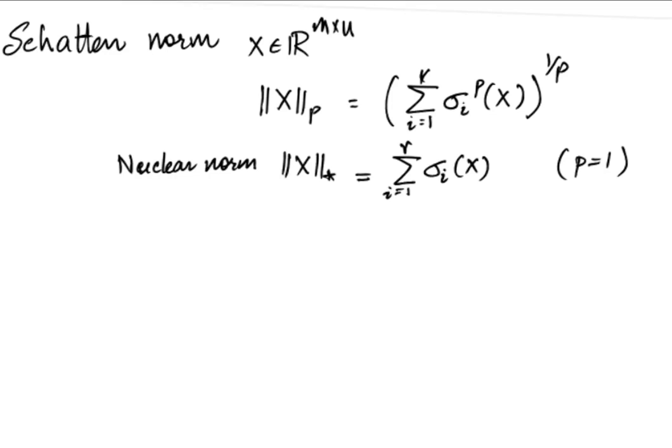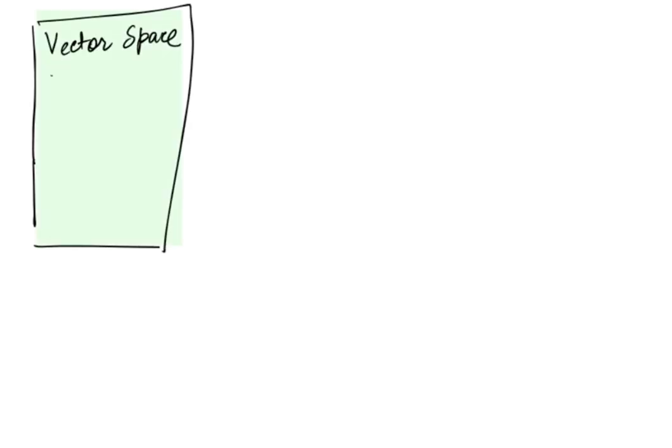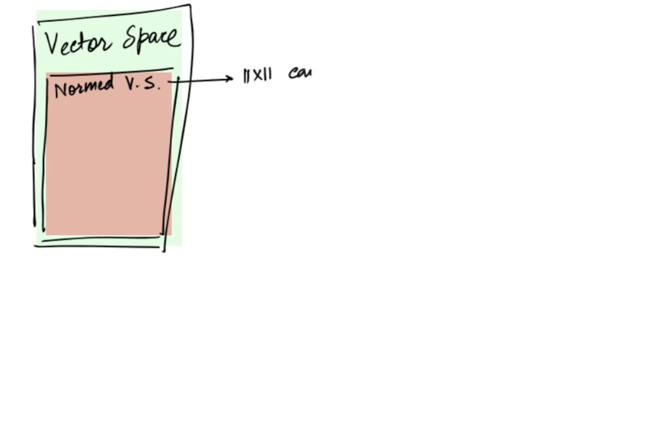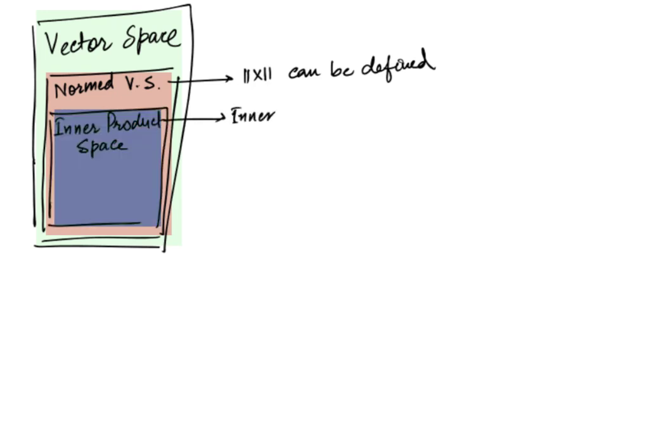Before concluding, however, let me make an important remark. As we mentioned, we will generally operate inside a vector space. In fact, we will only be concerned with a normed vector space, that is one where a norm can be defined. Henceforth, whenever we mention the word vector space, you can assume that we are talking about a vector space and a norm. An important subset of the normed vector spaces are the inner product spaces. An inner product space is one for which the norm is derived from the inner product.